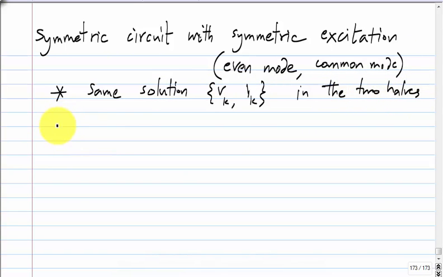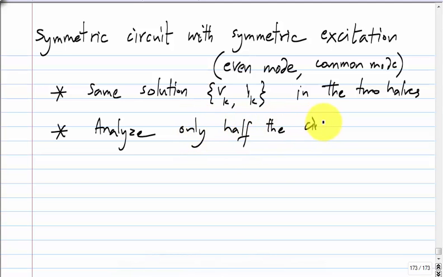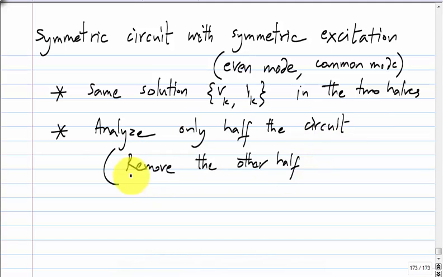Okay. So, you analyze only half the circuit. I mean, basically, you can think of removing the other half or folding over one half on top of the other.